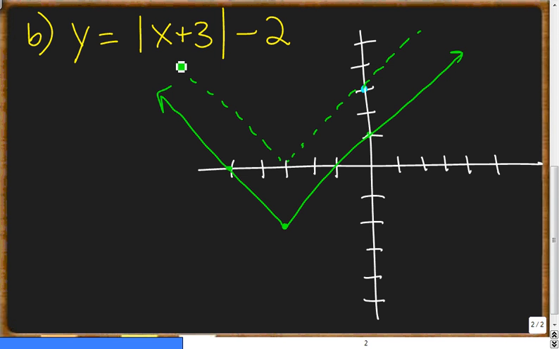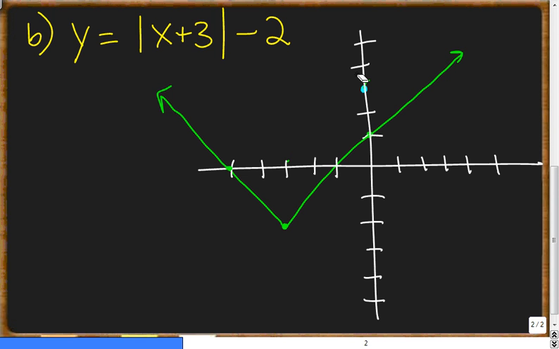So this graph is allowed to be negative because of the minus 2 not being part of the absolute value. But we have to respect what that absolute value can do. So you think about the original and what that negative 2 means. The negative 2 in the end is pulling the whole function down 2, with no effect otherwise. The absolute value remains the same, so we just take that same graph and drop it by 2 to get this graph.